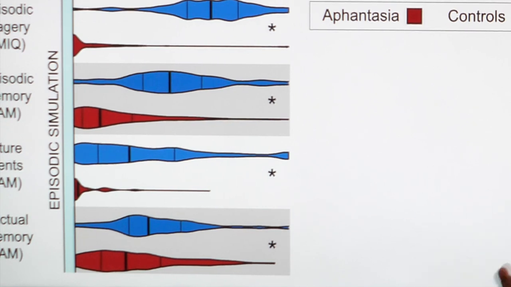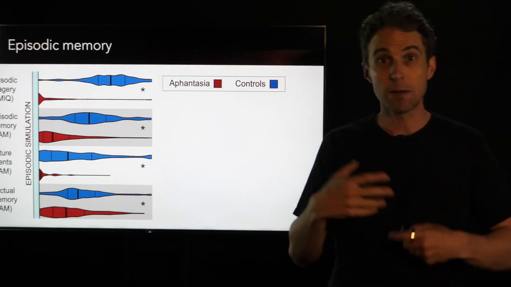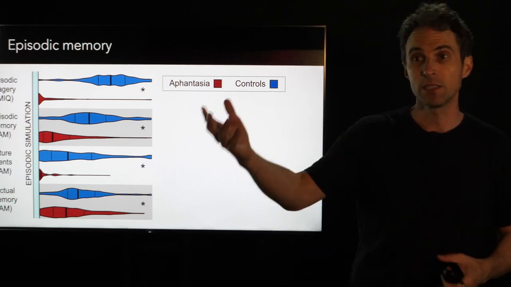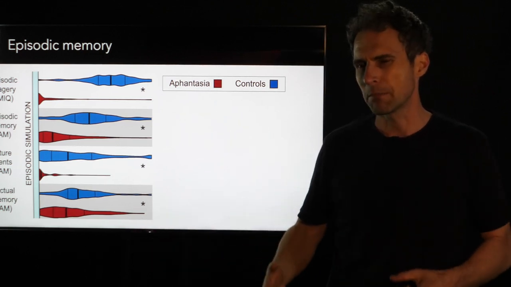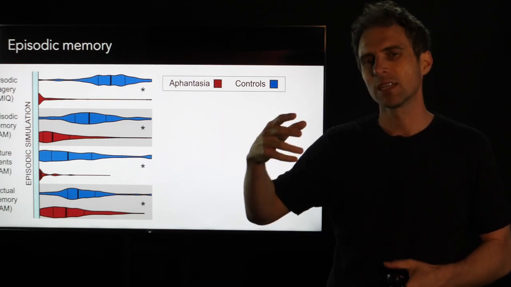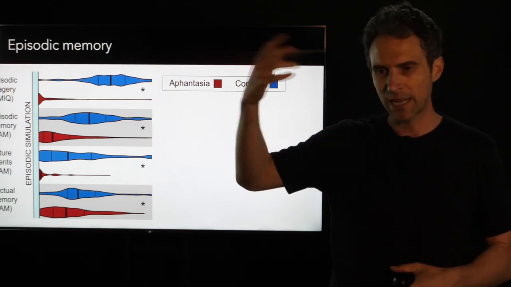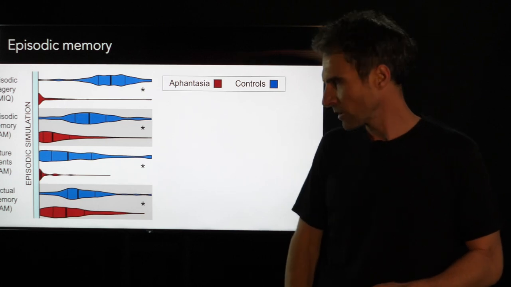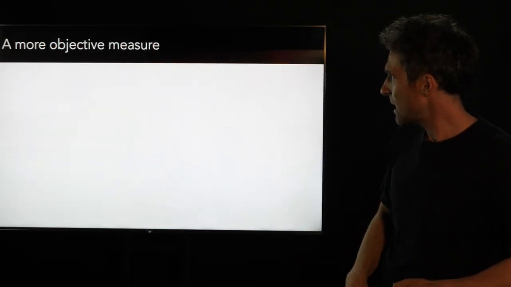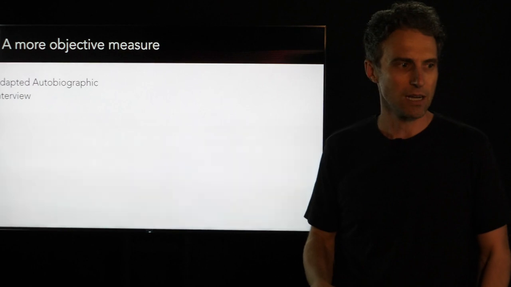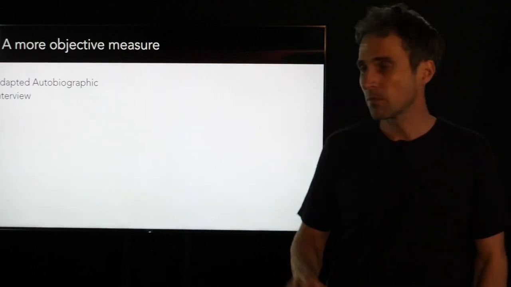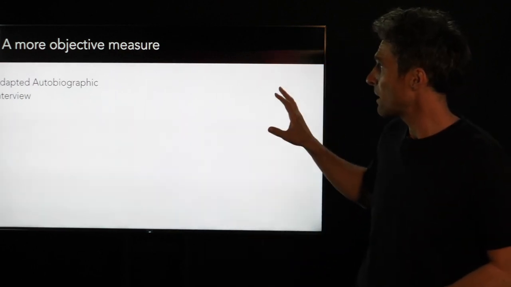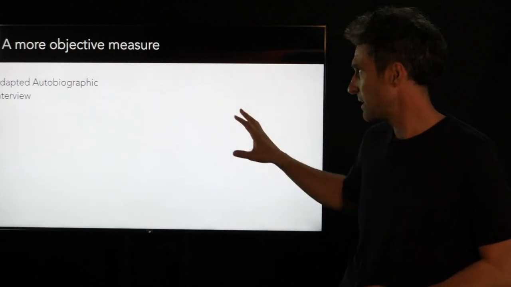There are also parts of episodic memory where people are asked to come up with a future scenario, something in the future. They still call it episodic memory, but it's really episodic future thinking, or planning hypotheticals in the future. Again, these are questionnaires, and we want to get a more objective peek at this. So we use what's called an autobiographical interview, in a slightly adapted version.